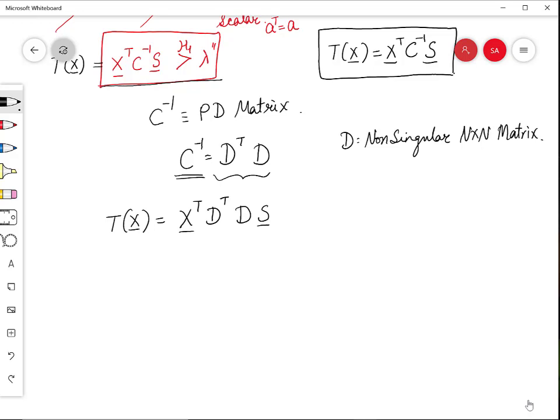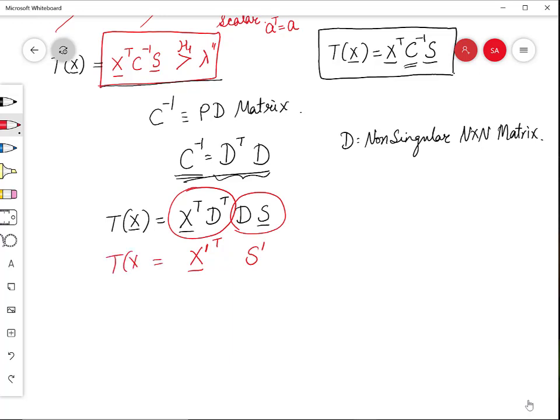So I've replaced this C inverse by this expression here, and let me call this X dash transpose and let me call this S dash.